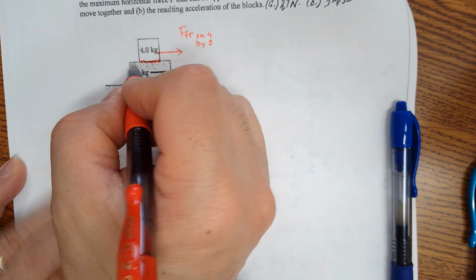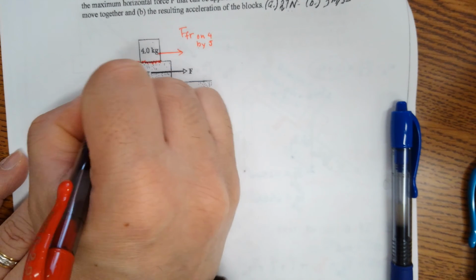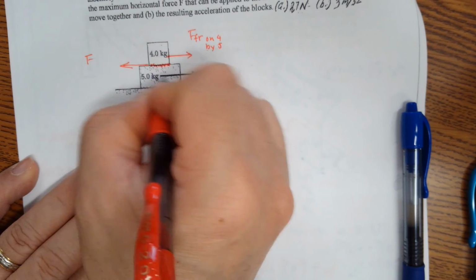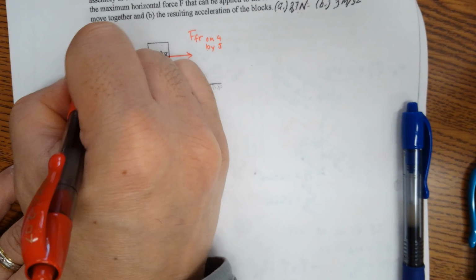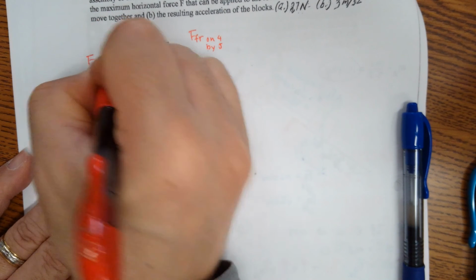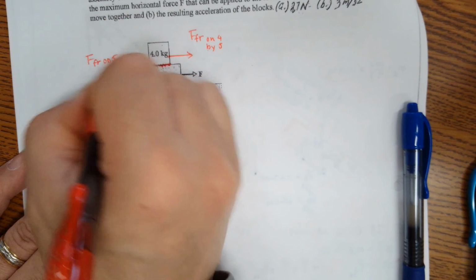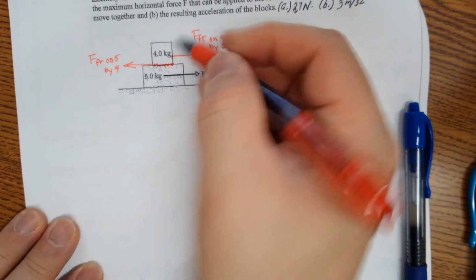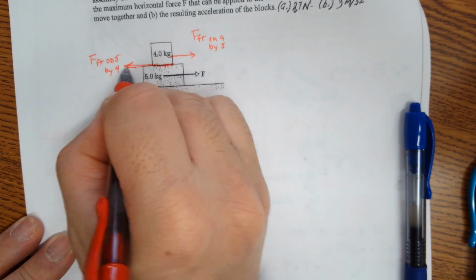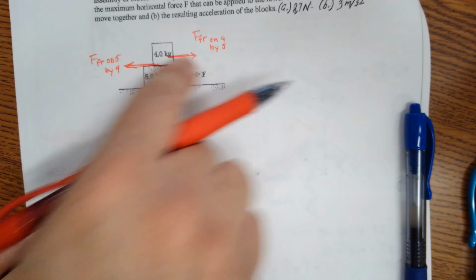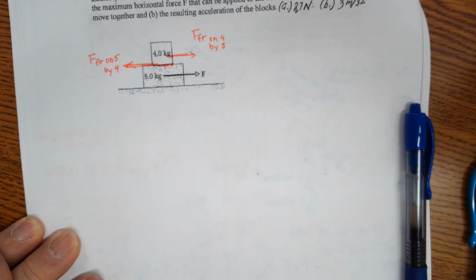And then there's going to be friction going the opposite direction for the bottom block. The friction on 5 by 4. This is the action-reaction pair, okay? The magnitude is exactly the same, okay?